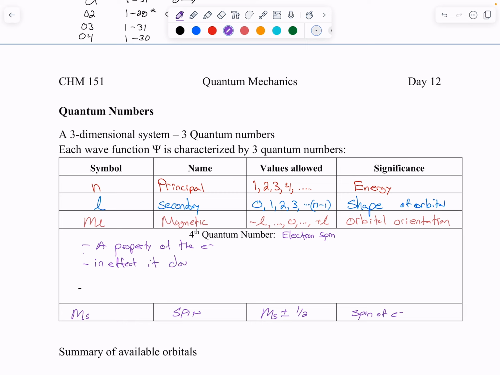Now, in effect, it doubles what we call the degeneracy of each energy level, which means that we can put 2 electrons into each orbital, not just one.